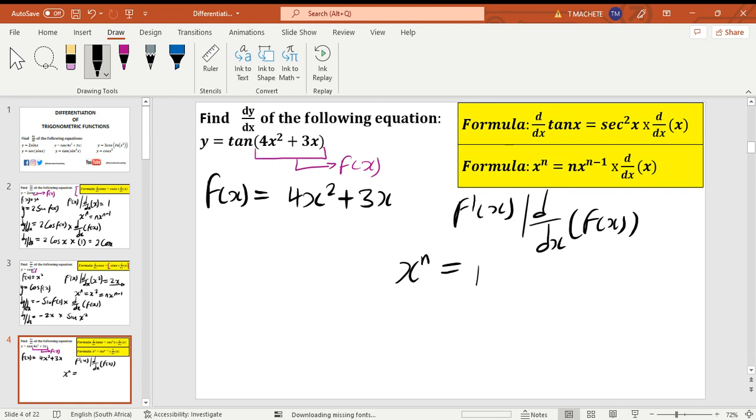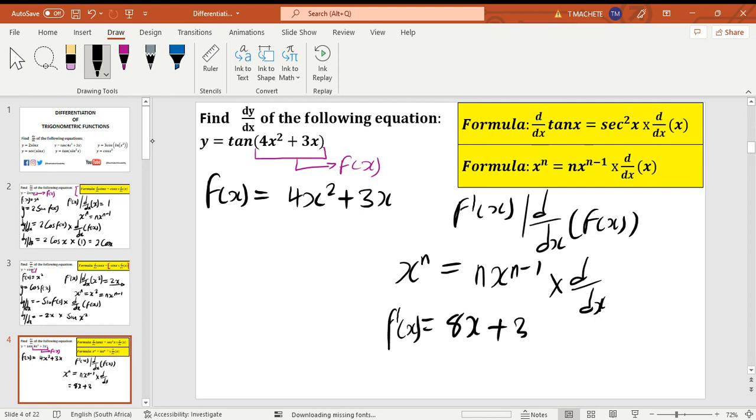So this will give you nx to the power n minus 1. Then obviously, don't forget to multiply by the d over dx, only focusing on this one. Then your answer for this one will be 8x plus 3. That's your f prime of x.